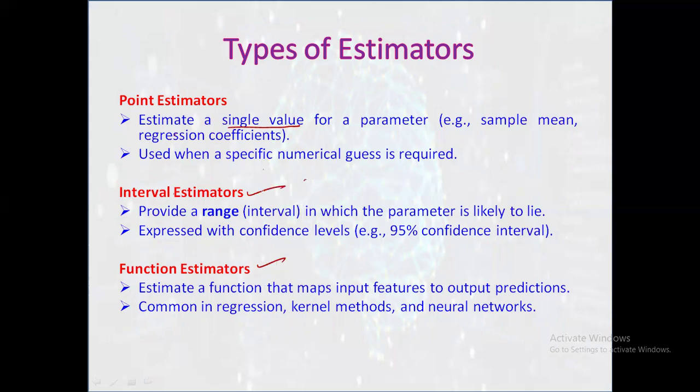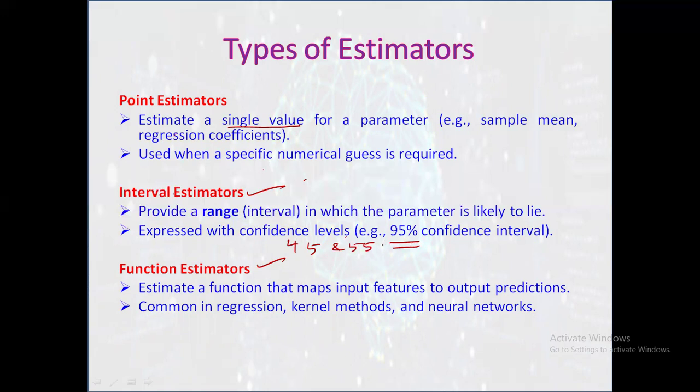An interval estimator, on the other hand, gives the range within which the unknown parameter is likely to lie. For example, we might say the population mean lies between 45 and 55 within a 95% confidence interval.